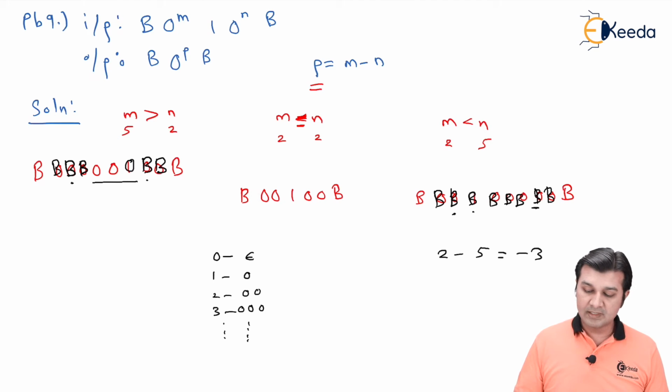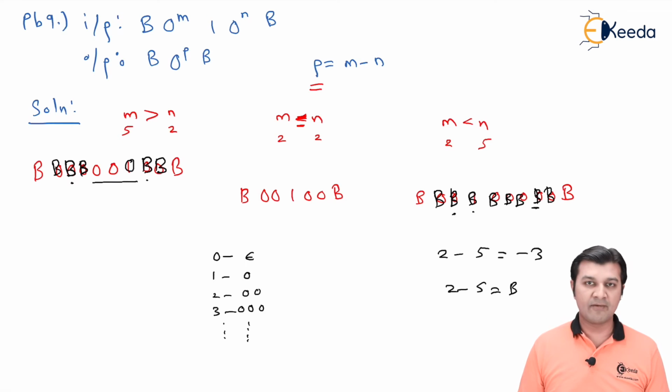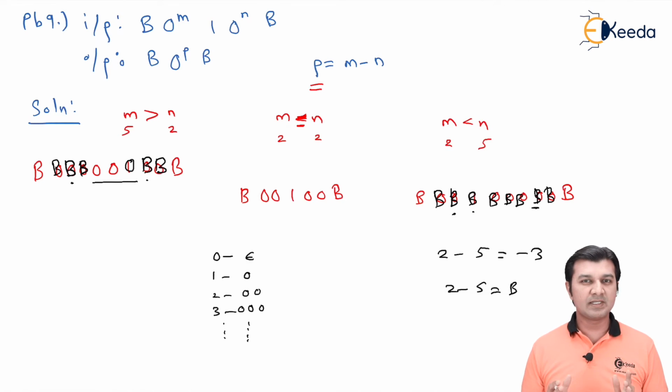So in this case 2 minus 5 is going to be blank for me, because negative number result cannot be given as output for the subtraction of unary numbers, right? As of now, just understand the logic. When we go to the implementation part, we will see how the implementation diagram is going to function.